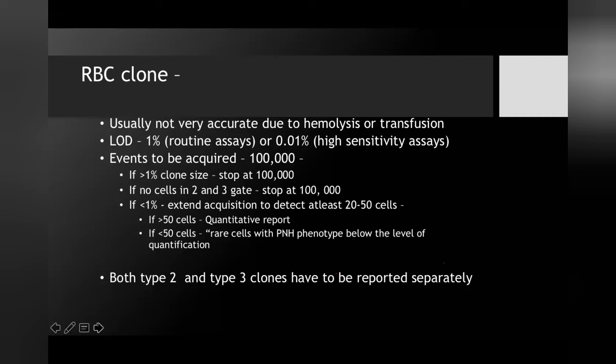But if you don't get a clone size and you're still suspecting PNH, then you go on further, acquire at least 2 or 3 lakh cells, and you look for 20 to 50 cells which are GPI deficient. And then you can give a report like that, rare cells with PNH phenotype below the level of quantification. Now for RBC, it is mandatory that both type 2 and type 3 clones have to be reported separately because it has a prognostic implication.